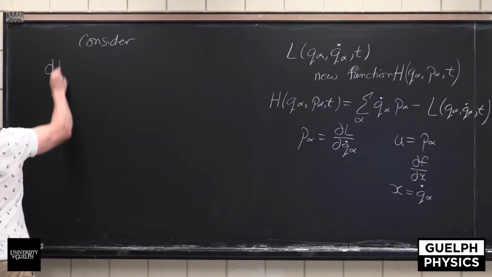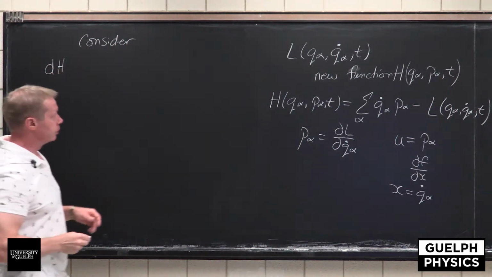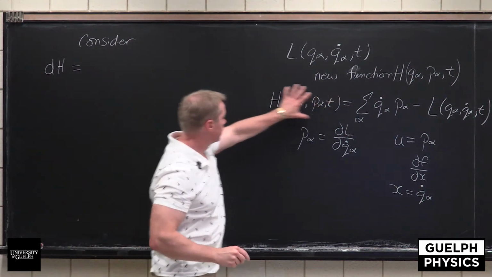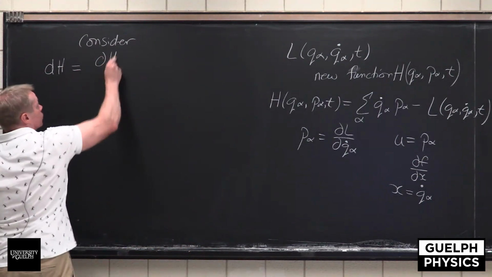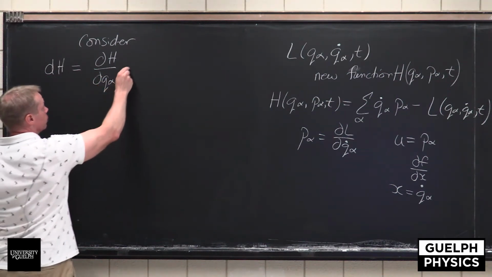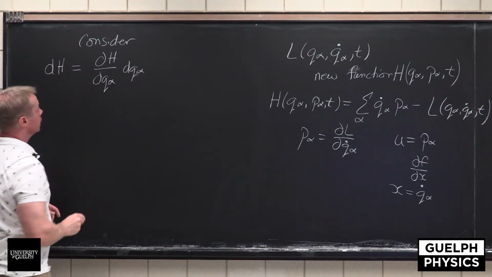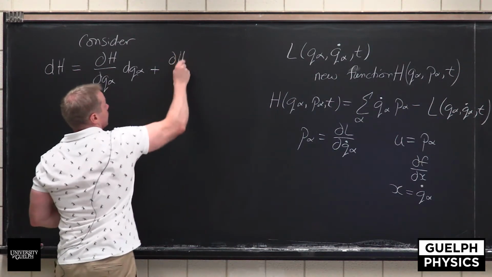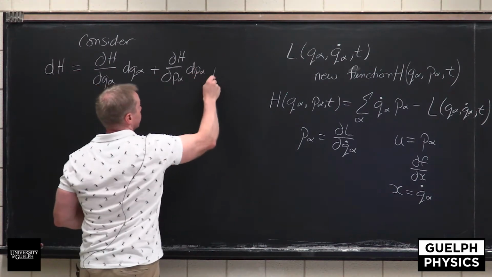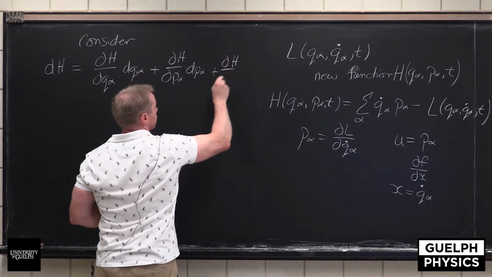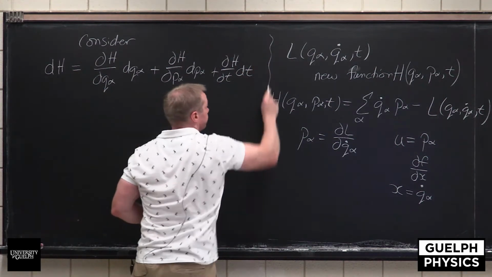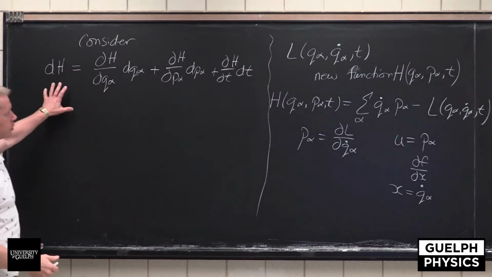So let's look at a differential dH, and I'm just going to stick with this function. So it's my partial of this Hamiltonian with respect to q alpha dq alpha plus a partial with respect to p alpha dp alpha plus a partial with respect to time dt. So that's the total differential.